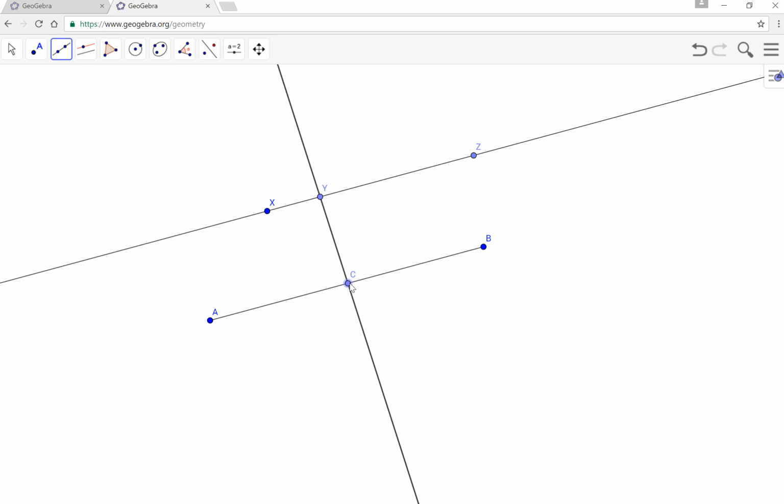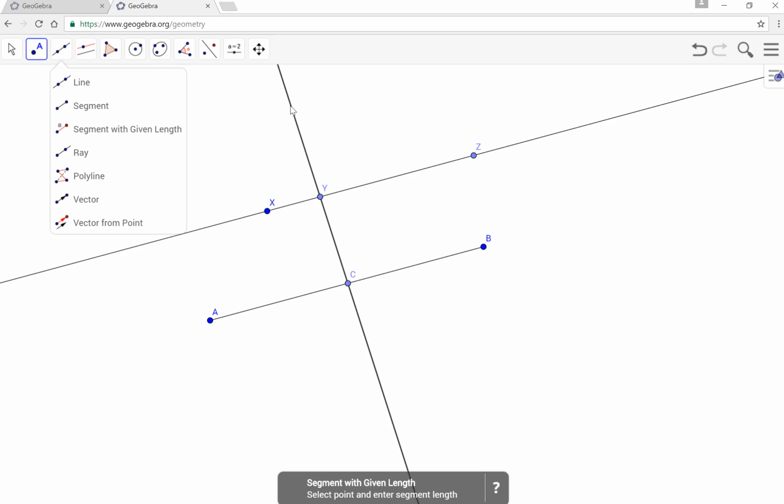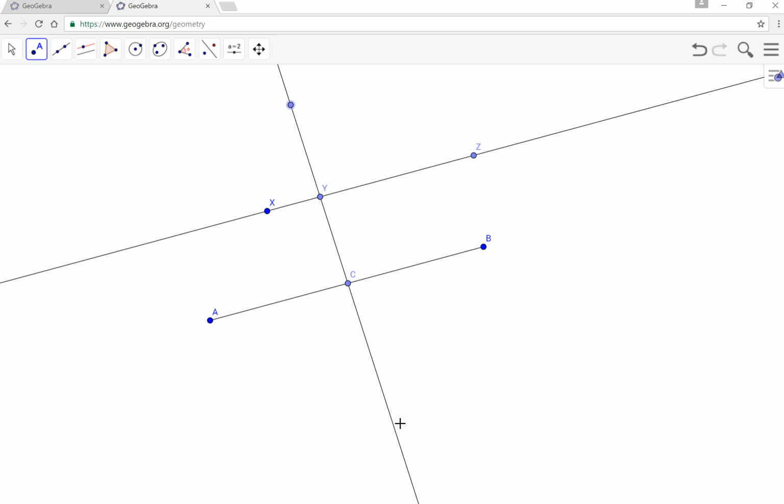There we go. Now construct points, 2 points P and Q on the line YC as shown. I'll put one up here, one down here, and label those accordingly.